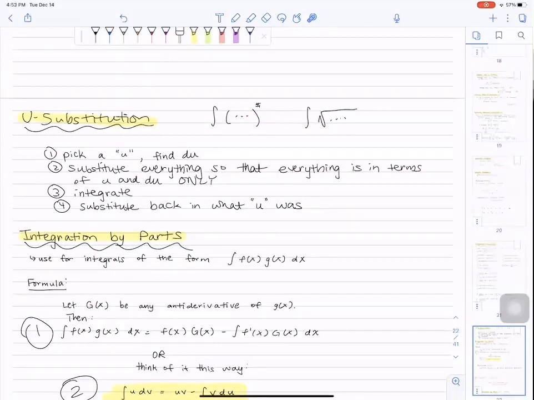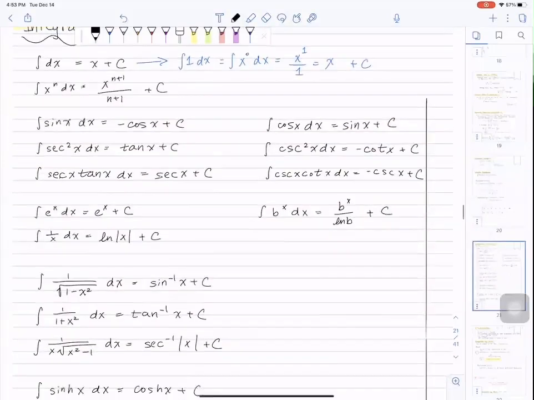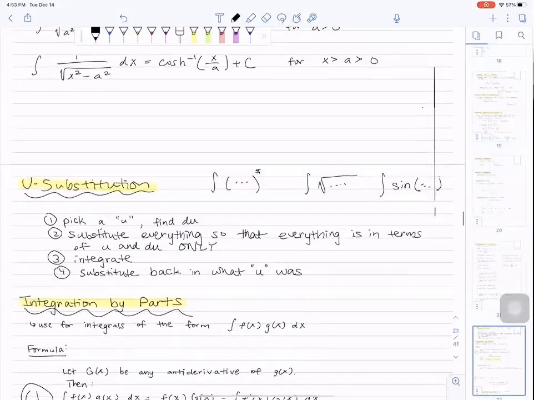Once you see a bunch of problems, you'll see what is commonly used for u. Usually it's something in your parentheses or something in your square root, or maybe the sine of a complicated thing. The complicated thing inside the sine will be your u. But make sure that its derivative, of course, is on the outside.